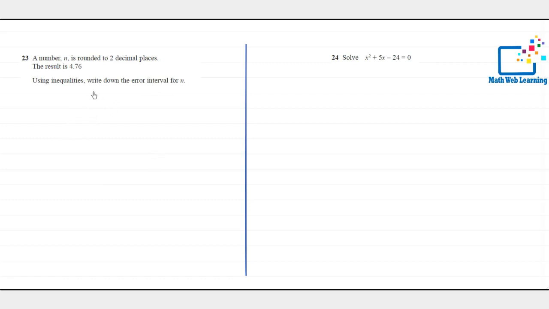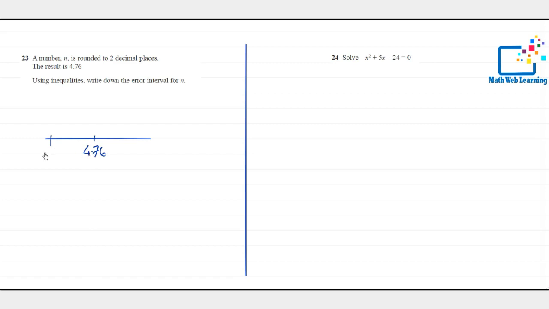So we need to find the lower bound and the upper bound for this number. In order to do that, draw a number line, place your number. It doesn't have to be to scale, of course, and because it was rounded to 2 decimal places, the digit that changes is this one here, the second digit after the decimal point.